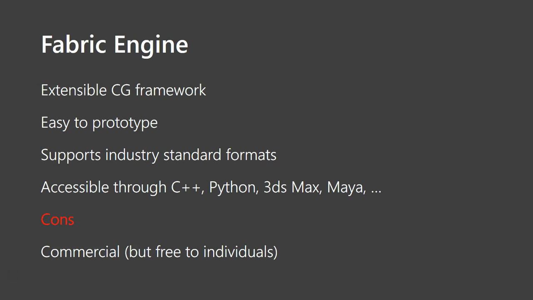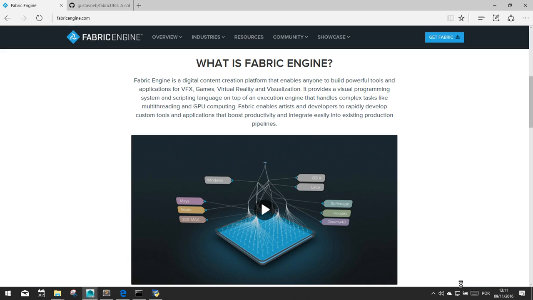So I'm going to try to give you an overview of how to treat this data in Fabric Engine. One thing to keep in mind, it's a commercial application, but it's free to individuals, so it might work for you or not. So if you want to learn exactly what Fabric Engine is, you can go to their website.